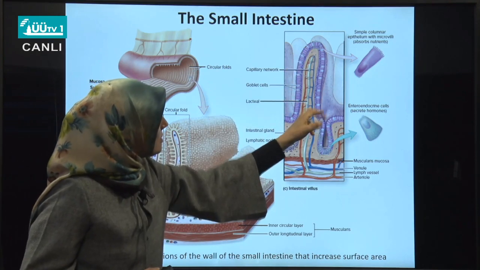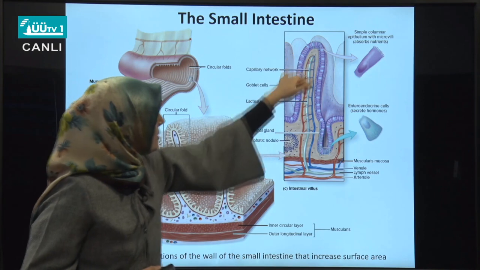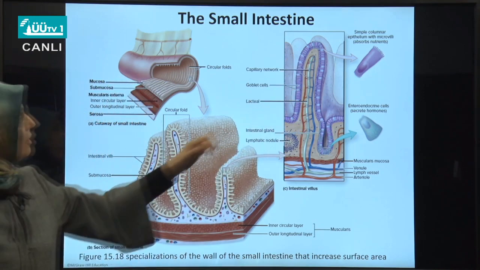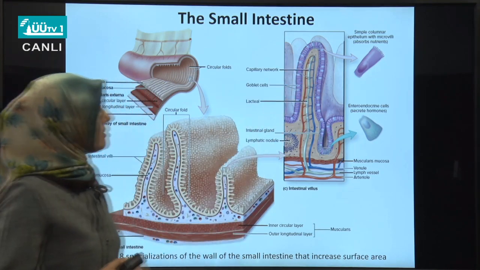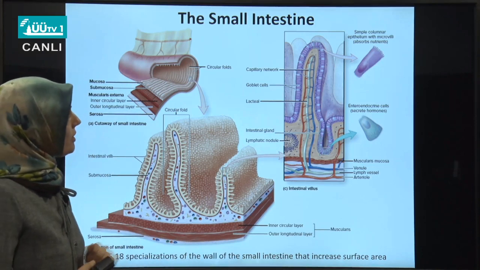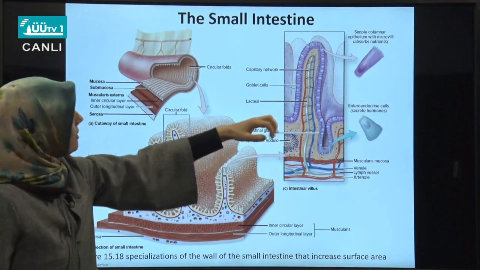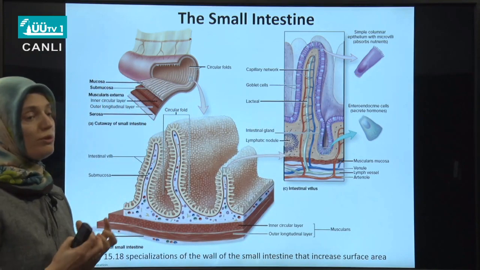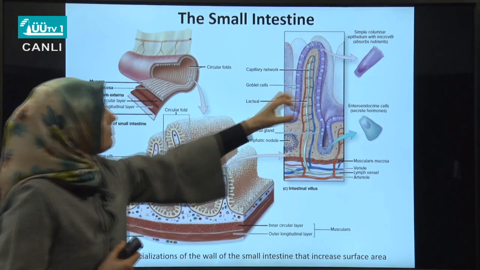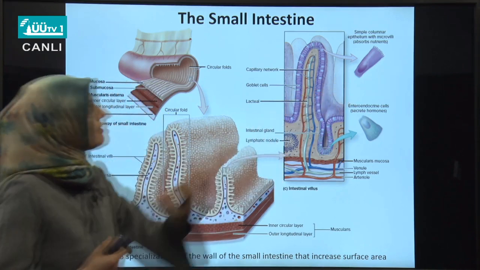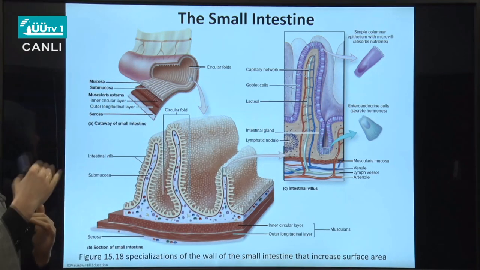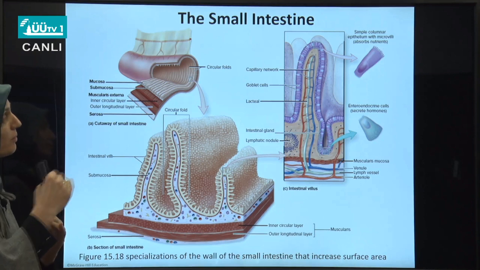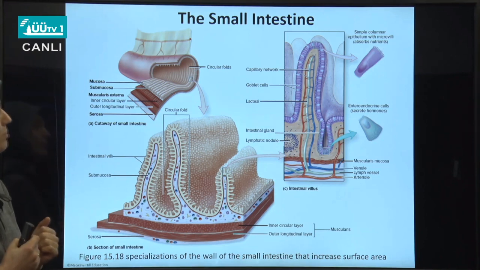On this villus, there are epithelial cells, and there are various types of cells covering the villi. The epithelial cells are specialized for the absorption of the nutrients. These epithelial cells have very thin, hair-like protrusions, so they are specialized for absorption.